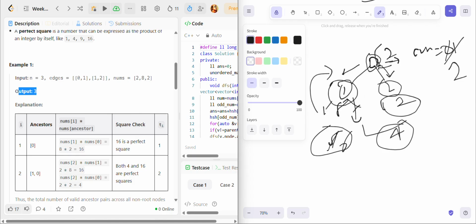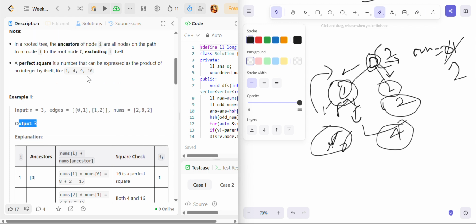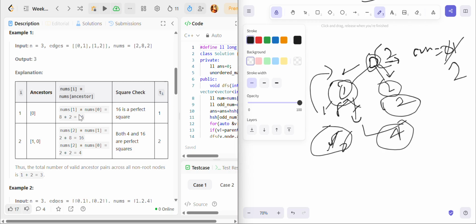That means this is one node, and we have to return the number of ancestors excluding i itself. So for the first node, nums of 1 into nums of 0 is 8 into 2, which is 16. 16 is a perfect square, so the answer is 1.